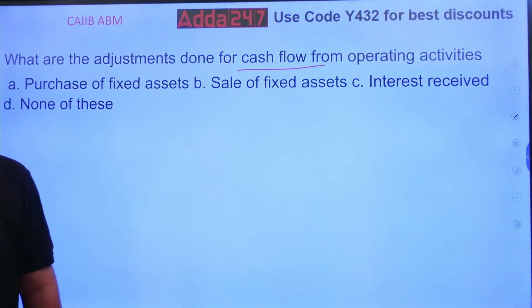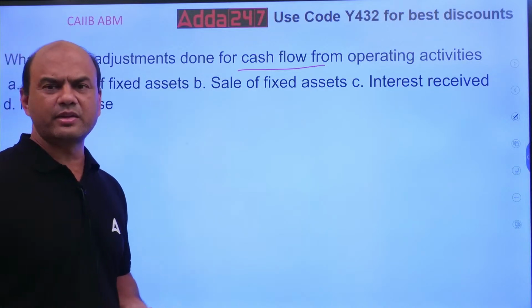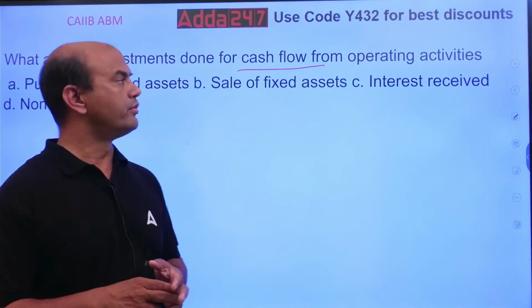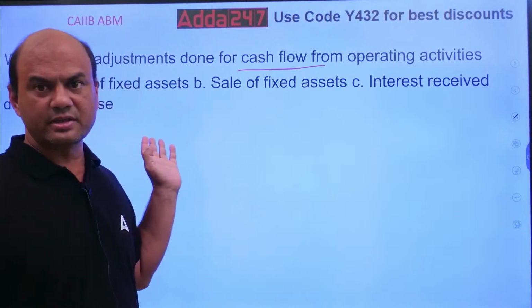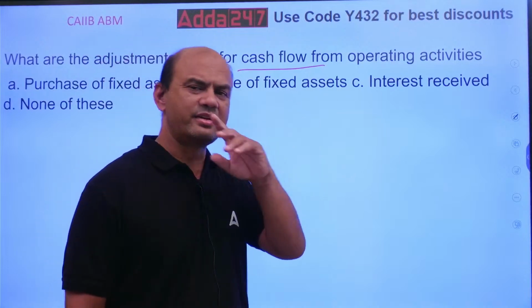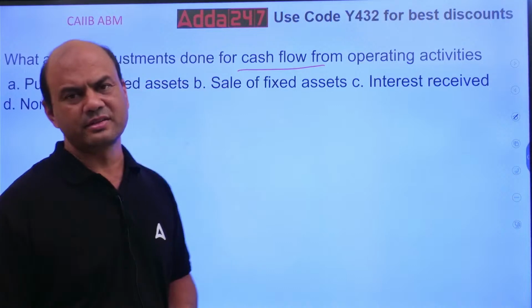My present business, whatever business I am doing, the revenue of that. So where do I use that cash which is coming up? For purchasing of fixed asset? Do I sell fixed assets or do I interest received? Means will I adjust it in interest received? What's the logic of this?